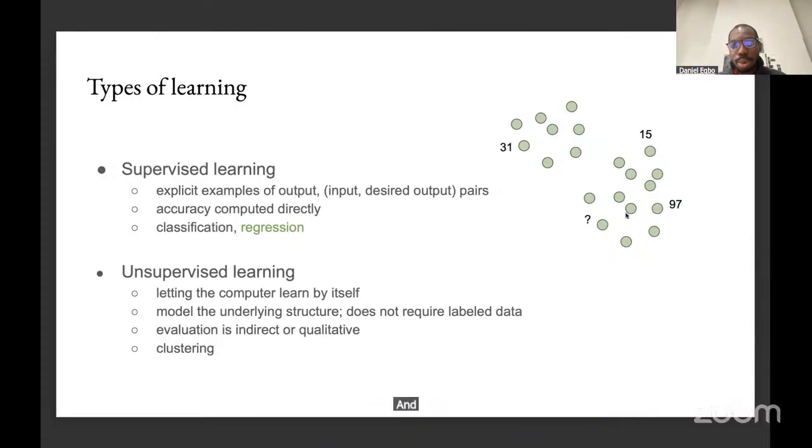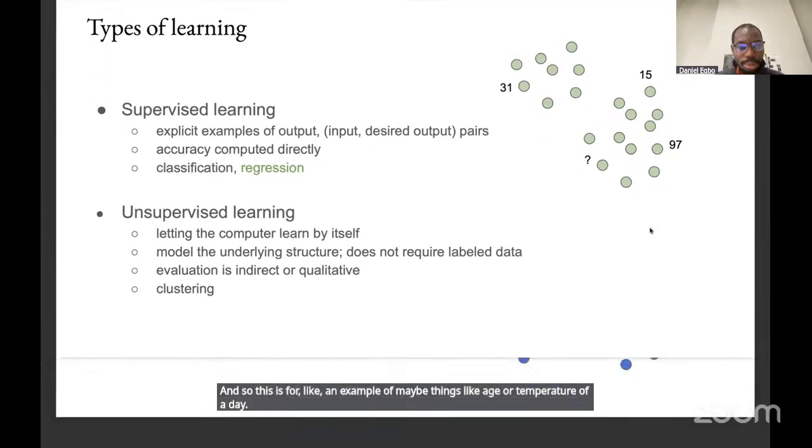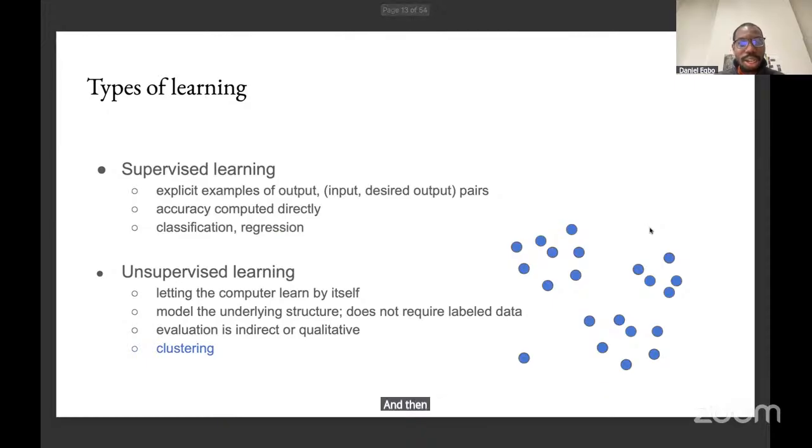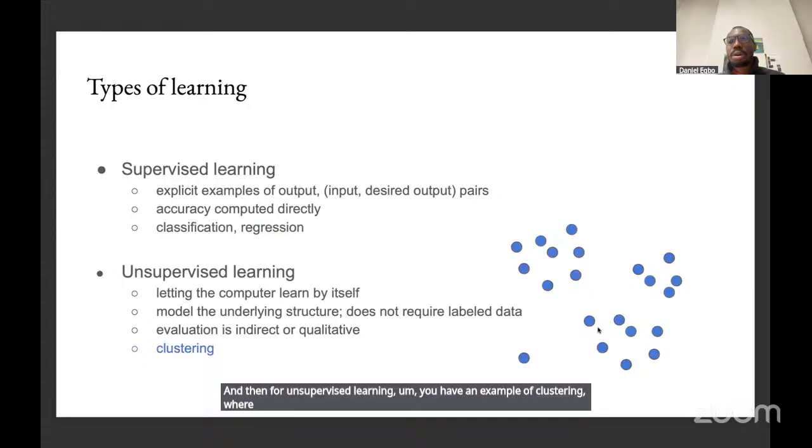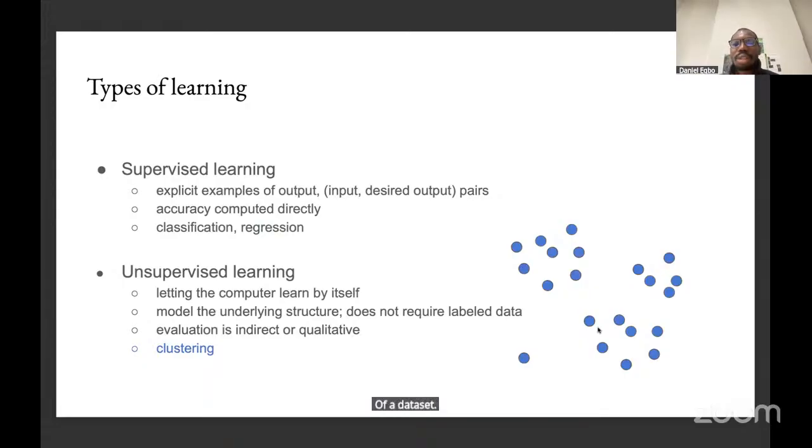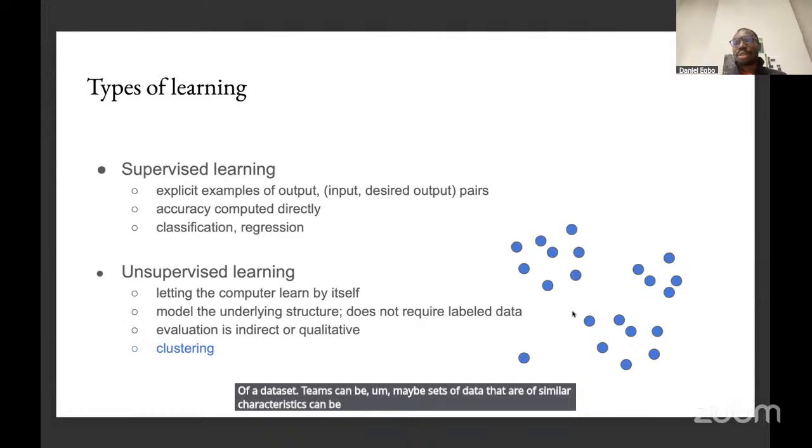Examples are things like age or the temperature of a day. And for unsupervised learning, you have the example of clustering, where based on the features of a data set, data of similar characteristics can be clustered together distinctly.